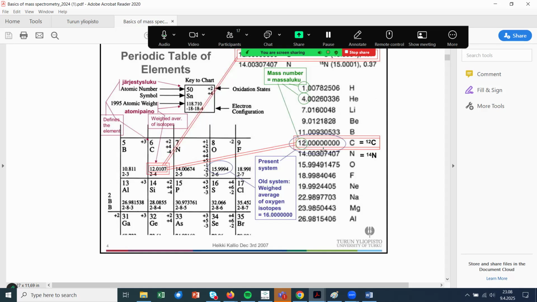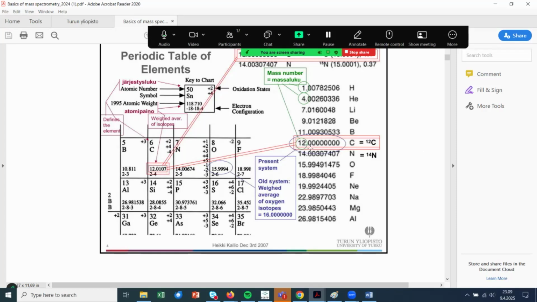And that means that none of the other atoms or isotopes have this kind of exact value with zero decimals everywhere. They are all compared to carbon-12, and these are called monoisotopic masses, meaning that they are the true values of the masses of the isotopes.